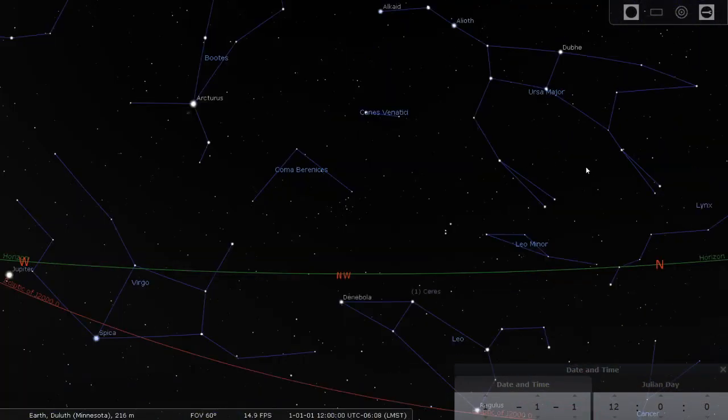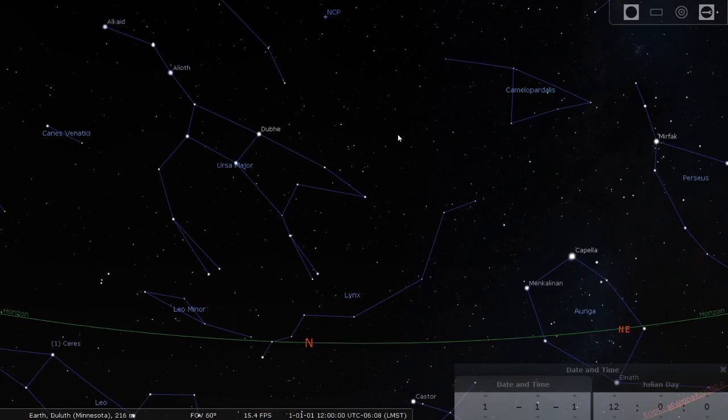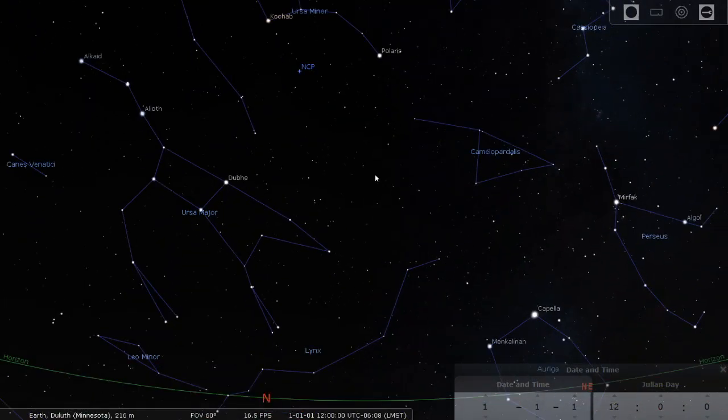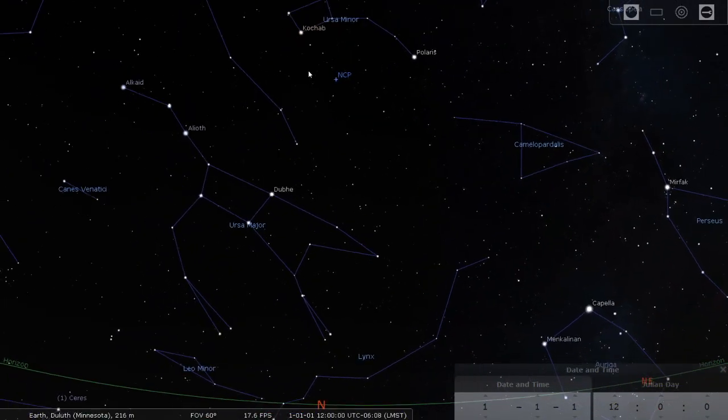And so I'm going to head over to the north real quick. And I have the current North Pole marked. And you'll notice that it's nowhere near the North Star Polaris, which is the North Star as we know it.